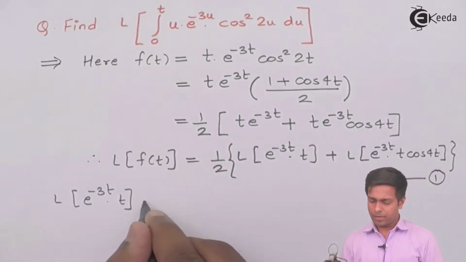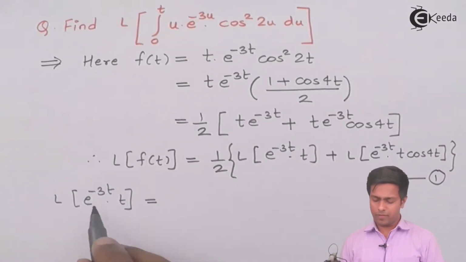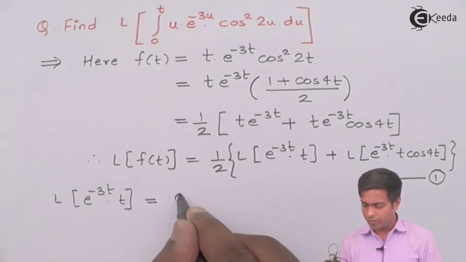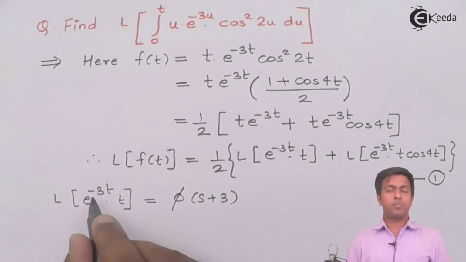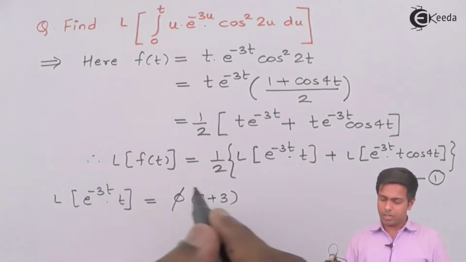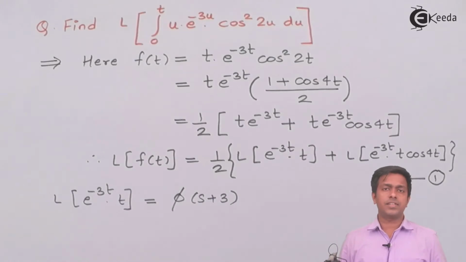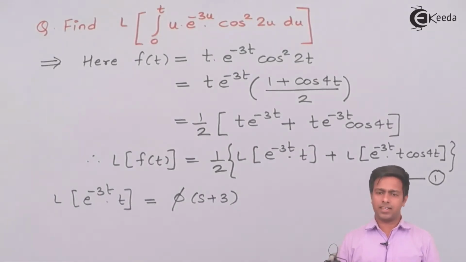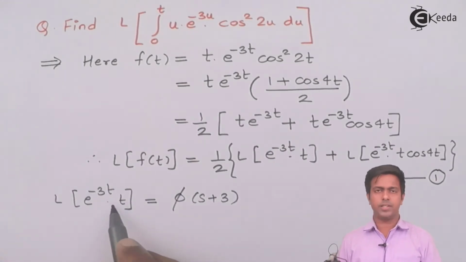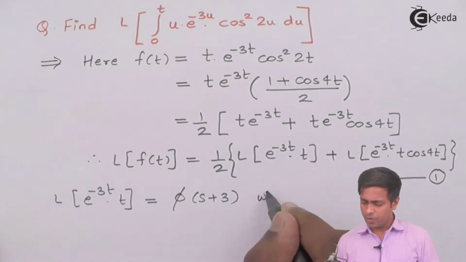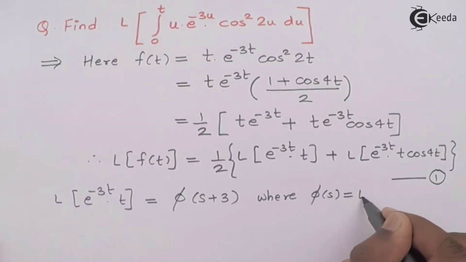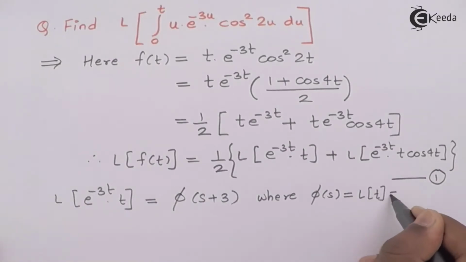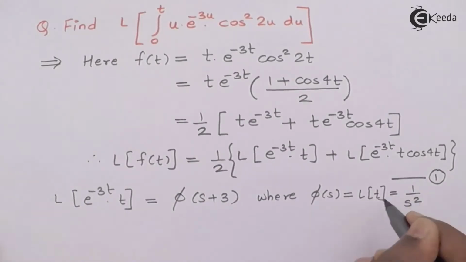Now guys, here by the first shifting property, value of this is phi of s plus 3, because here this power is negative 3, so that will become positive 3 in the answer. Now to get the value of phi of s plus 3, we want phi of s, and phi of s is nothing but Laplace of f of t. Here f of t is t. So here I'll write where phi of s is equal to Laplace of t, which is nothing but 1 upon s square.